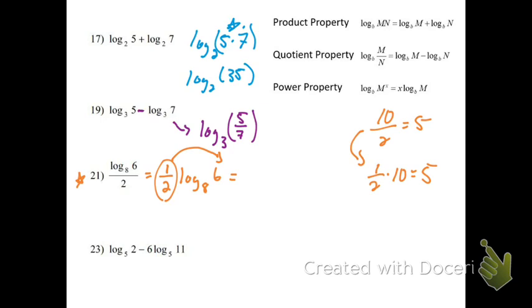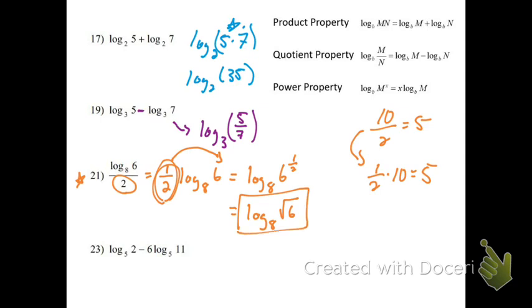So you need to write it like this first: log base 8 of 6 to the 1/2 power. But we don't write it like that. Numbers or variables going to the 1/2 power is the same thing as having log base 8 of the square root of 6. So anytime you have dividing by 2, anytime you have 1/2, that is a square root. That's the answer that I need to see.